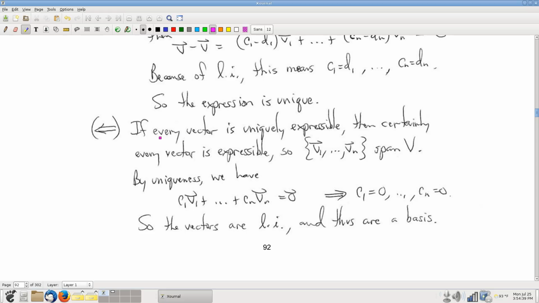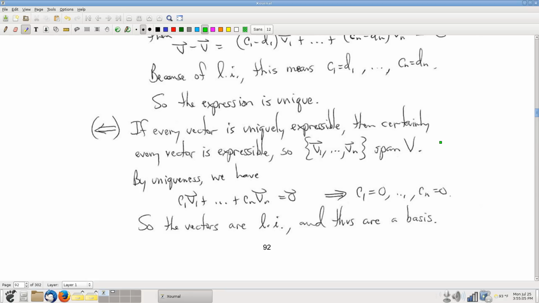So we get to assume that every vector is uniquely expressible as a linear combination of our list of vectors. Okay, so how do I know that this list of vectors spans V? Well, every vector is expressible as a linear combination of these vectors. That's exactly what it means for that list of vectors to span V. So we're halfway there.